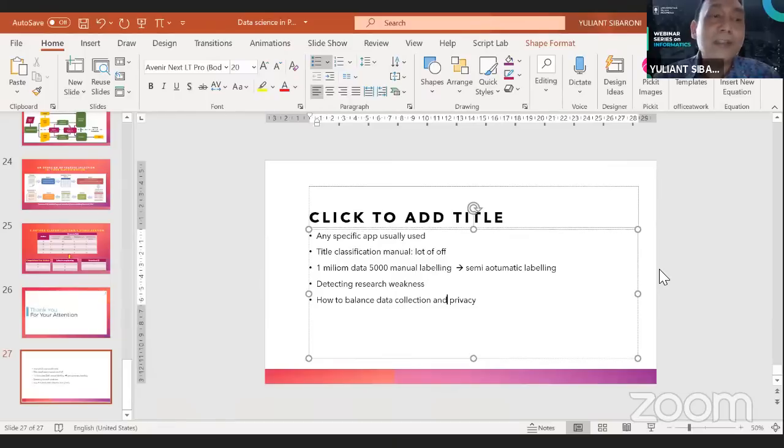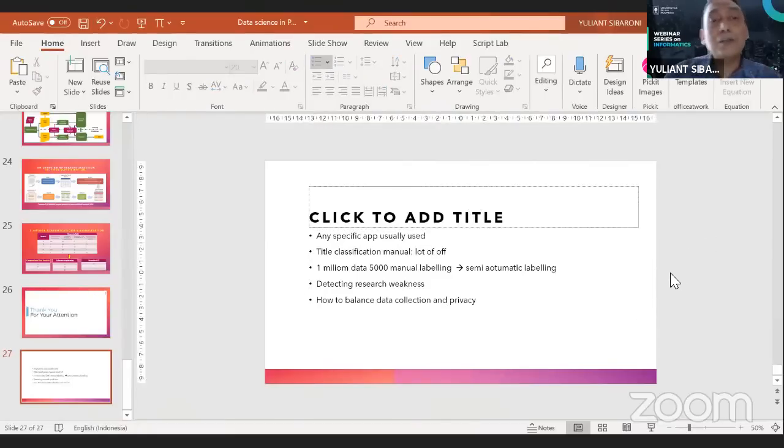But usually in paper publication or in data science, we are not focused on individual objects. The conclusion that we give is general.